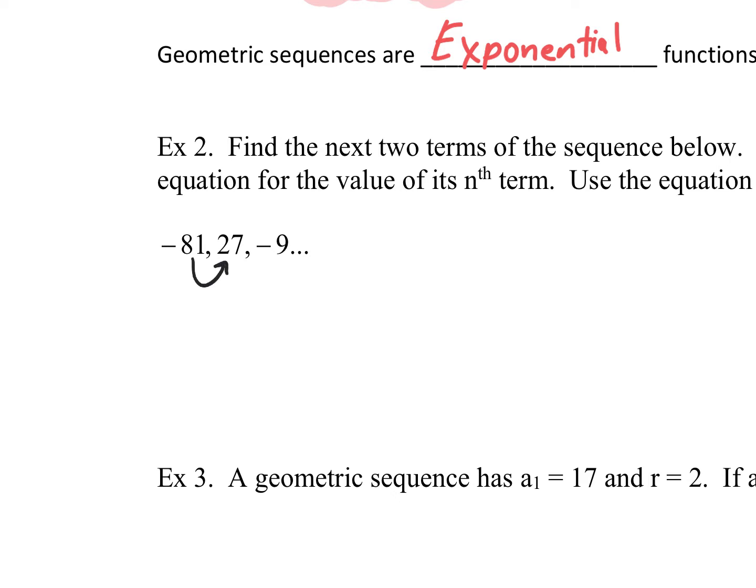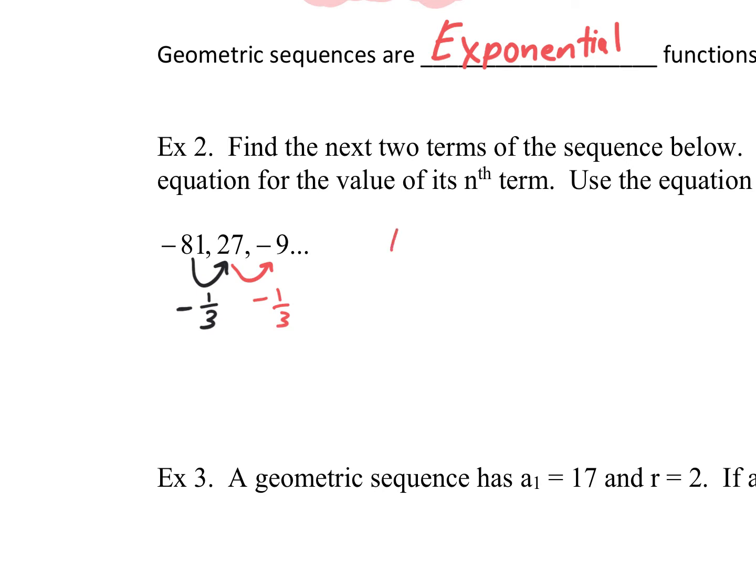Well, I know that I must be multiplying by a negative because my signs are oscillating, going back and forth. And 27 divided by negative 81 would get me my common ratio of negative 1/3. I can check again to make sure the same thing will happen, and again, my common ratio is negative 1/3.